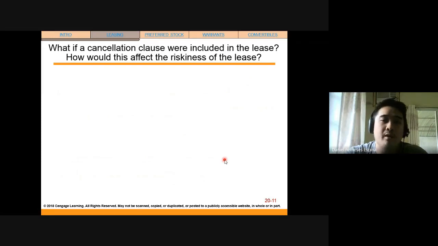Otherwise, if you do not continue, you will pay the remaining amount. There are also lease contracts that have a cancellation clause, meaning they can stop the lease agreement anytime. So what will happen if there is a cancellation clause in the lease agreement? How would this affect the riskiness of the lease?